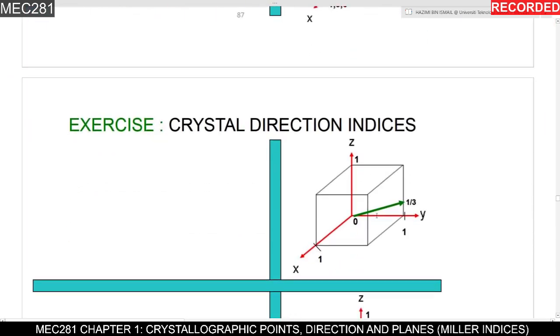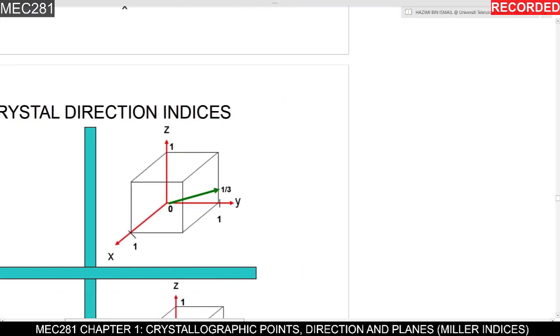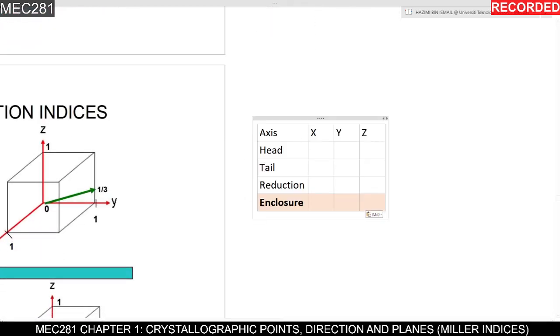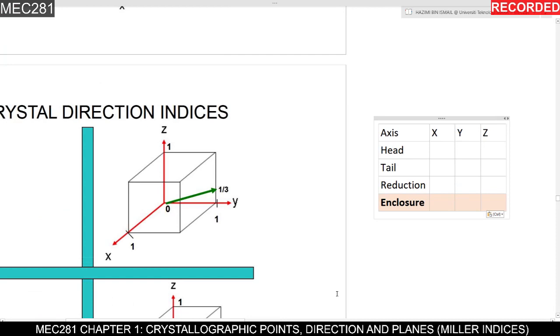Okay, so let's try another exercise. Okay, so head here for the x is 0, and y is 1, but for the z it is only 1/3 of the z-axis, so you have to put 1/3.